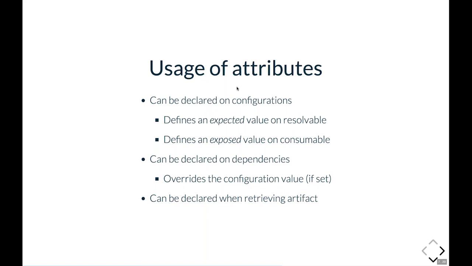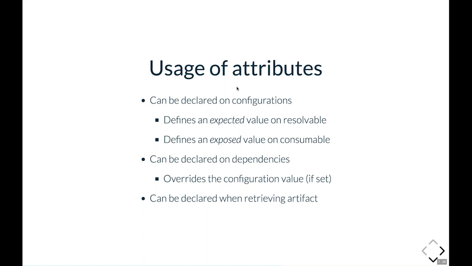They also can be declared on dependencies. When you do a dependency declaration, you are trying to resolve the dependency. So it overrides the expected value for that dependency. It is not a way to mutate whatever the producer said for that attribute.